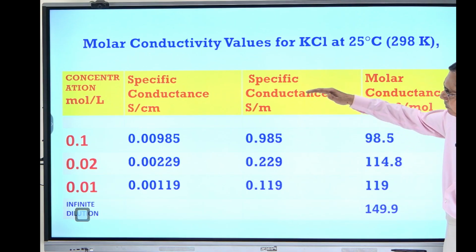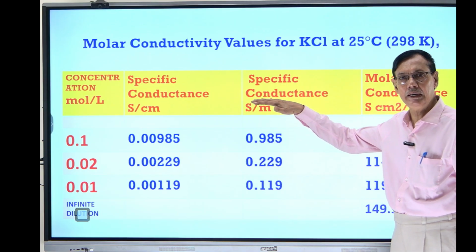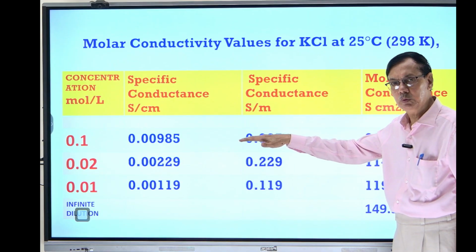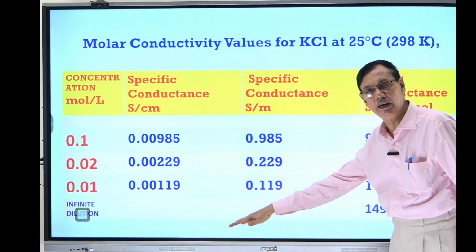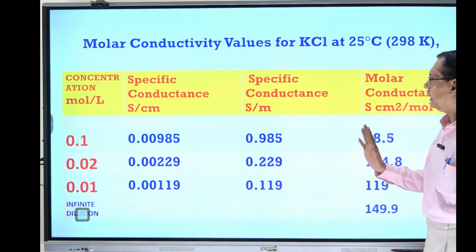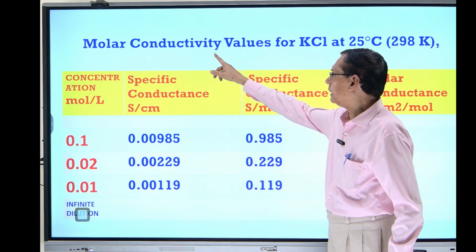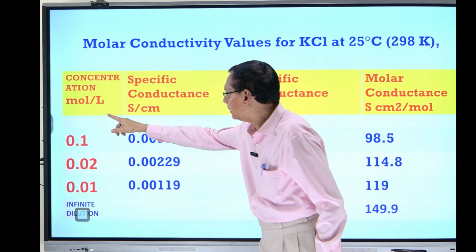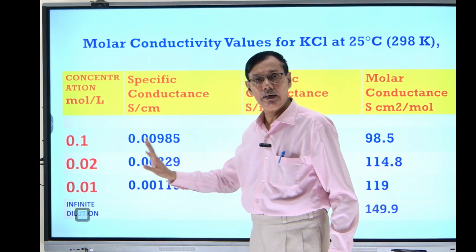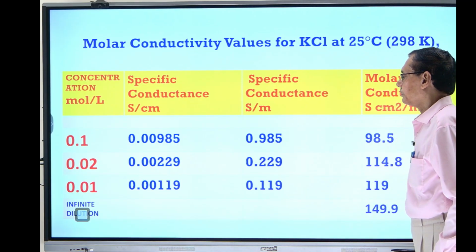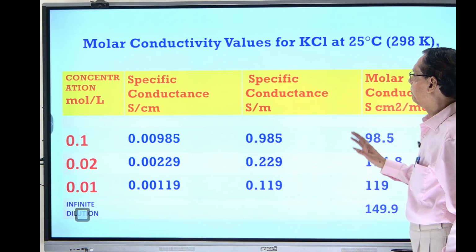That means 0.1 सबसे concentrate है, फिर 0.02 थोड़ा dilute किया, 0.01 और dilute किया और एकदम infinite dilution. Bear in mind why I have written molar conductance or molar conductivity, because it is moles per liter, इसलिए मोलर लिखा. ठीक है. Then I have written specific conductance.